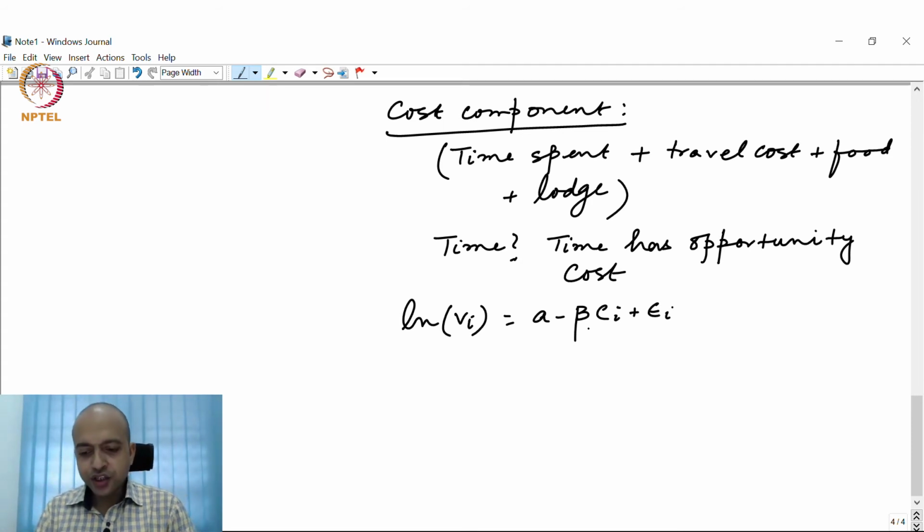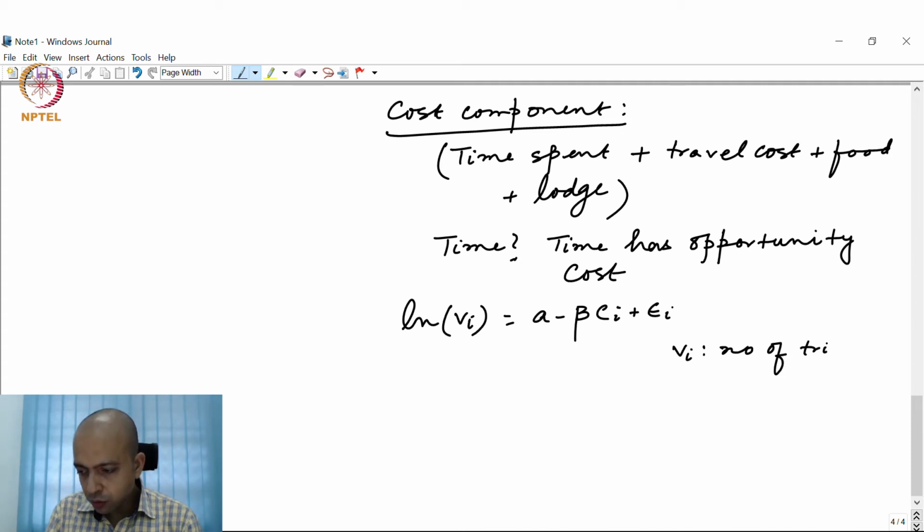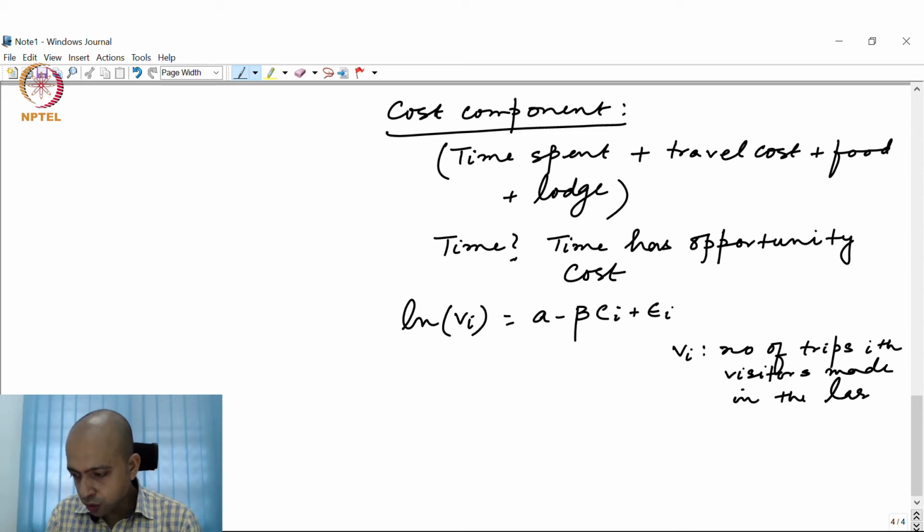Then if we estimate this, here we assume that Vi is the number of trips the ith individual or ith visitor made in the last 12 months, and Ci is the cost per trip.